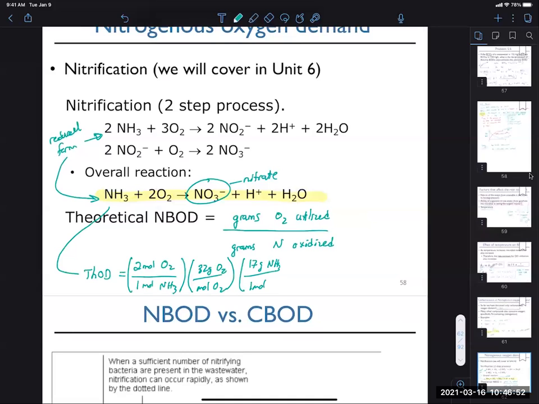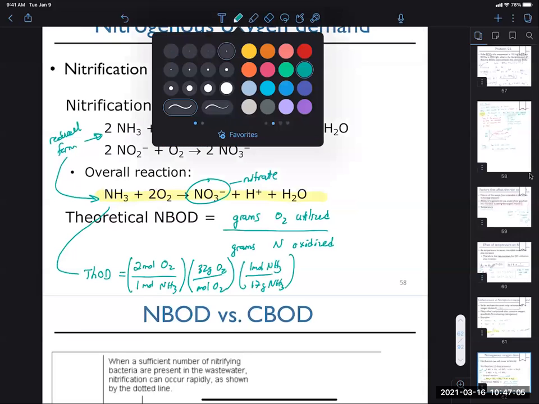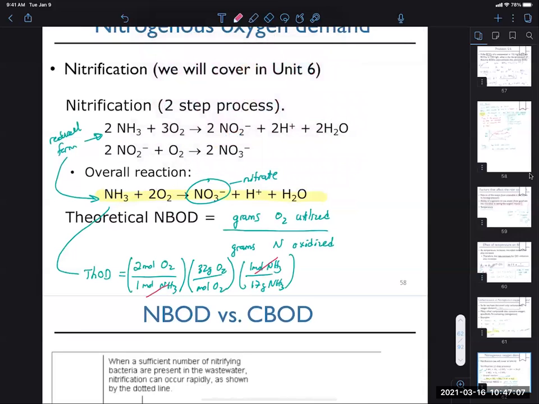Oops, got that wrong. 1 mole of ammonia has 17 grams of ammonia. And then I can see that my moles cancel out. And I'm left with 4.57 grams of O2 per gram of NH3. That would be my theoretical oxygen demand.